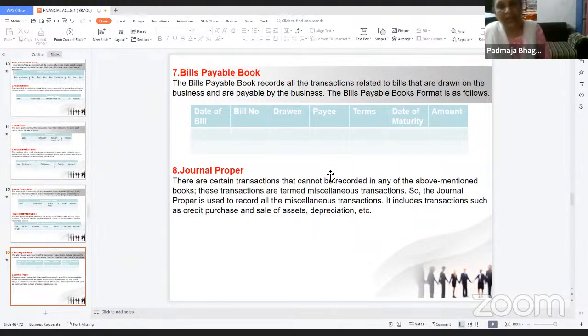So the journal proper is used to record all the miscellaneous transactions. It includes credit purchase, sale of assets, and depreciation.